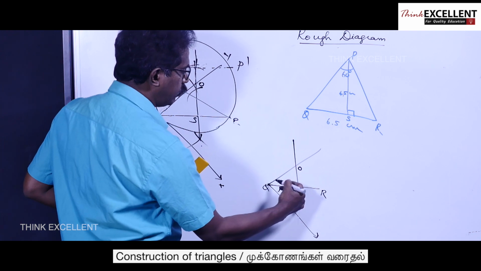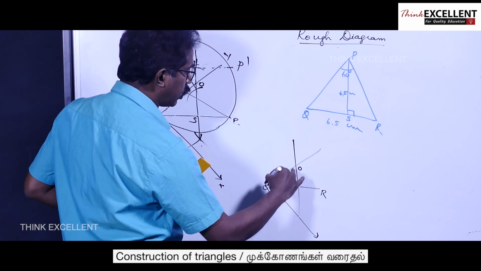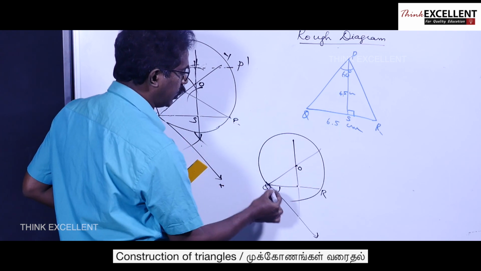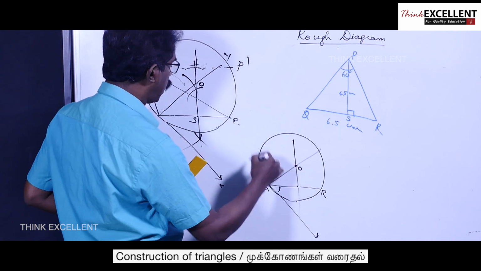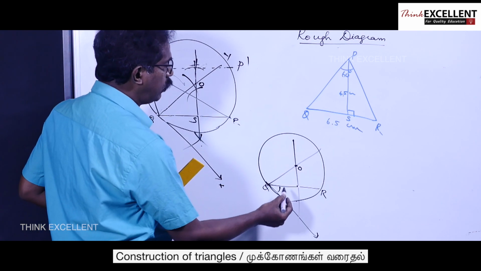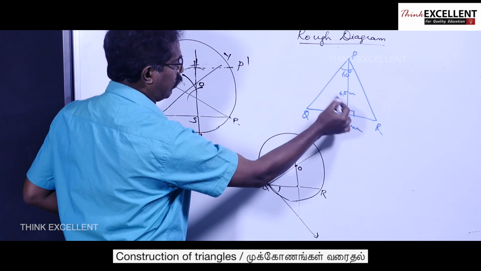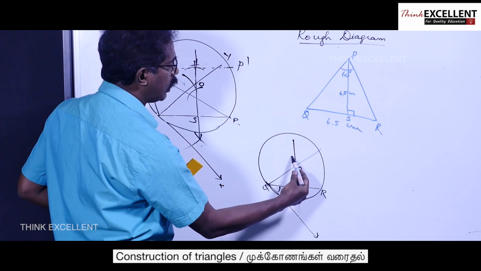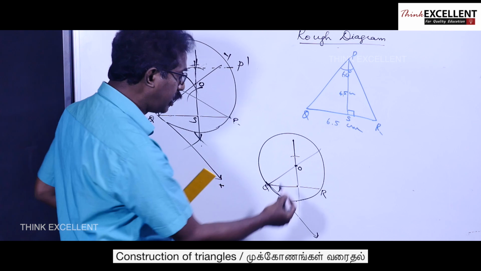With O as center and OQ radius, you draw a circle. Now altitude 4.5 is given, so take 4.5 in the compass, keep the pointer here, and cut this perpendicular line for altitude.